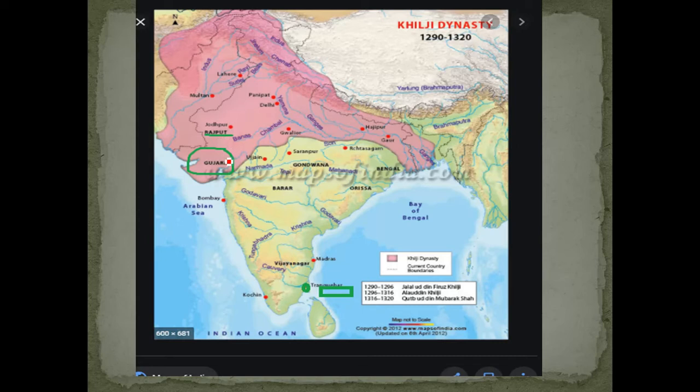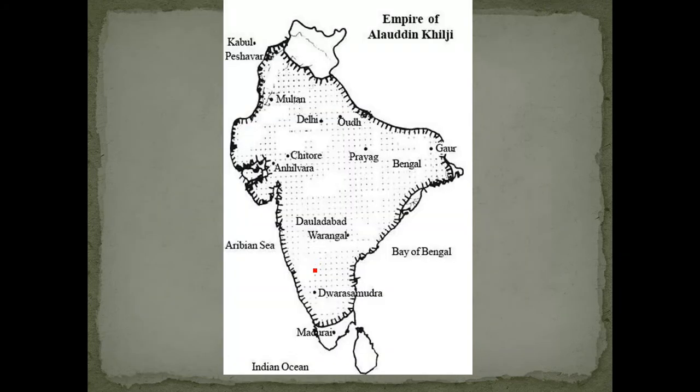Now, if you look at this, he annexed the area of Gujarat, he occupied the areas of the Rajputs, and he moved on till Madurai. This is Madurai. So these are the areas that he annexed. This is again just to give you a glimpse of that. He had taken over Dwarasamudra, and then Madurai.